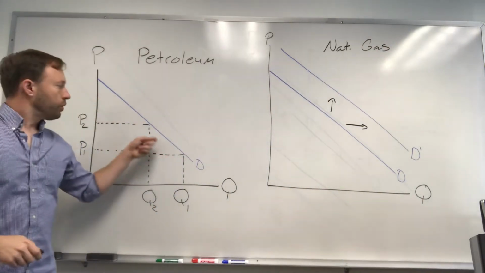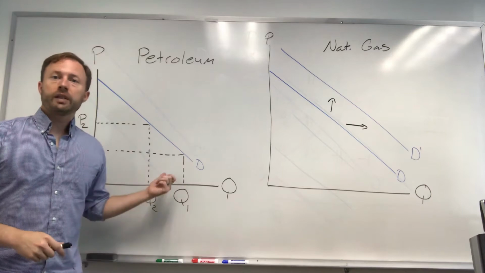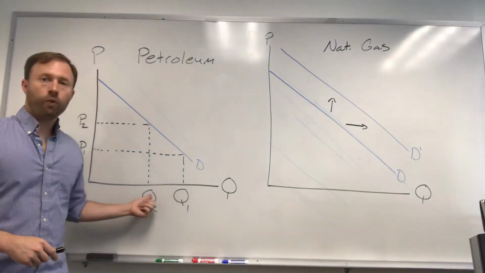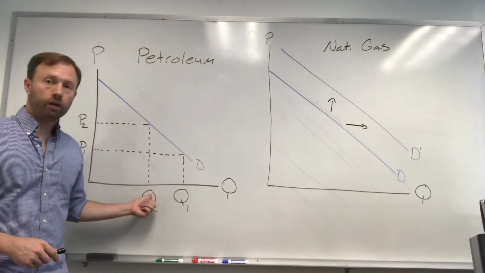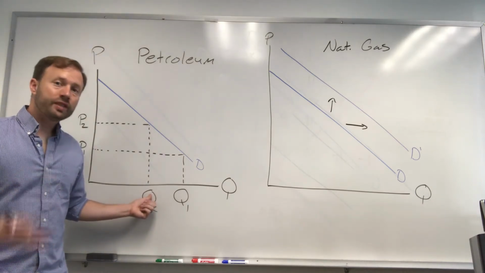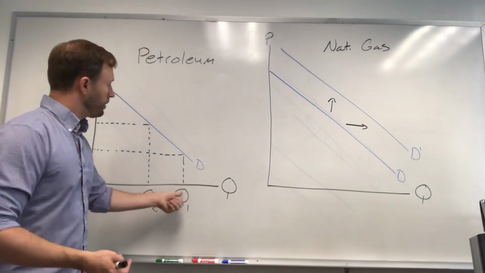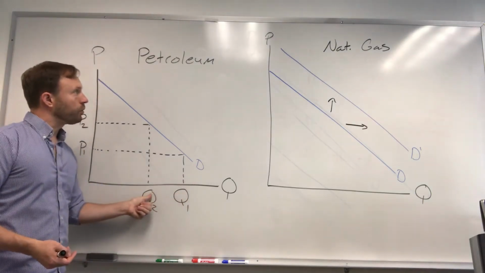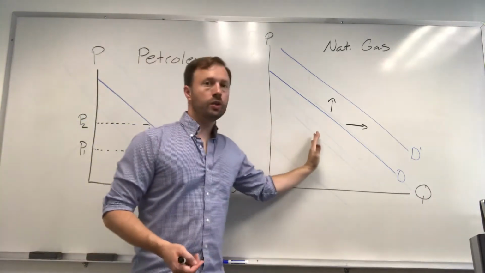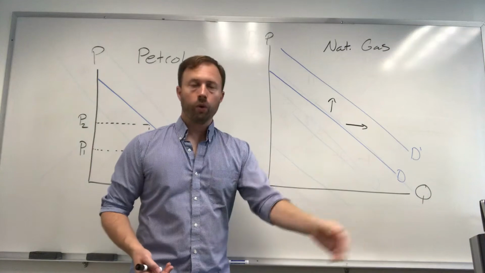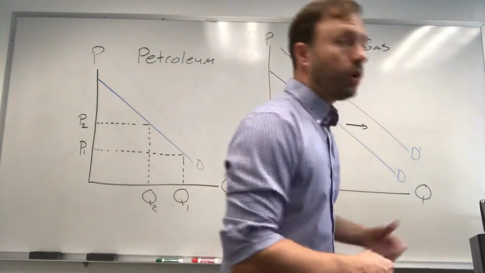As the price of petroleum goes up, it becomes more expensive to produce energy from petroleum, and so quantity demanded for petroleum is going to fall. However, consumers still want to consume energy, and so some of this quantity demanded that leaves petroleum is going to push into the market for natural gas, and also the market for coal, and also the market for solar power.